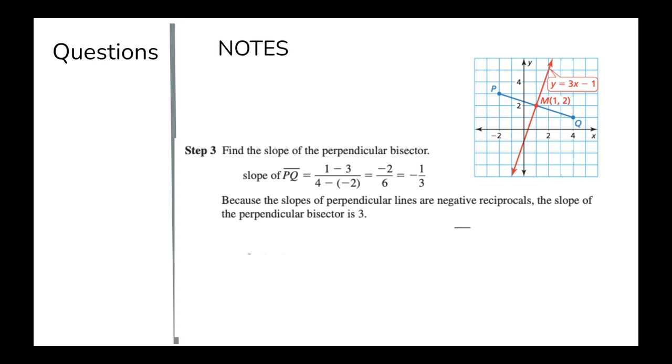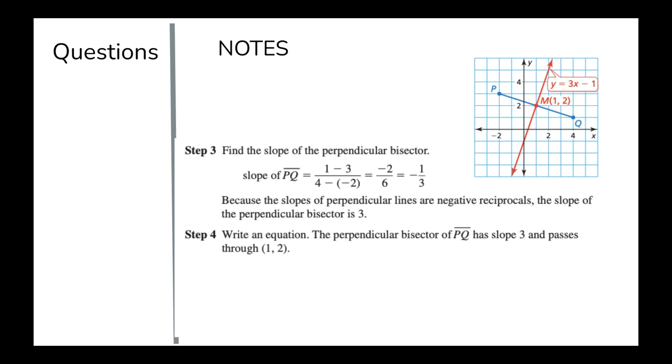The slope of the perpendicular bisector needs to be the opposite sign. So instead of negative, it needs to be positive, and it has to have the reciprocal. So that means instead of negative 1/3, which is the slope of PQ, the blue line, the slope of the red line is actually 3. Positive, and it's the reciprocal.